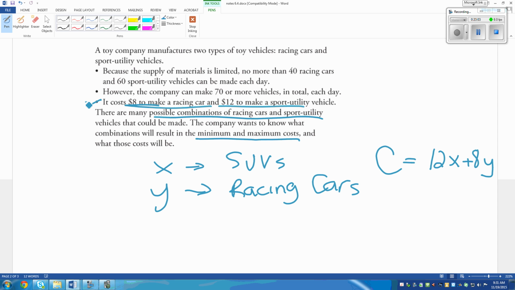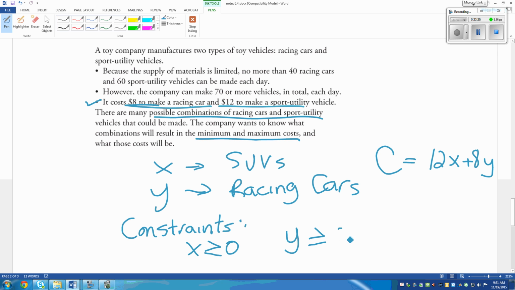Then we jump into our inequalities. What do we have to think about, Fallon? Can we go negative, right? Can't go negative, so we need to write our constraints. First off, x has to be greater than or equal to 0. Y has to be greater than or equal to 0.